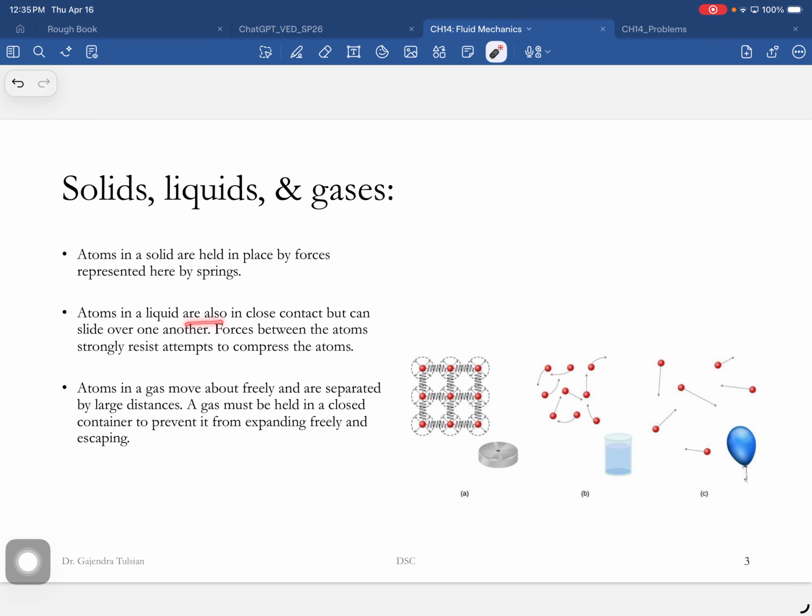Atoms in a liquid are in close contact, but they can slide over one another. Forces between atoms strongly resist attempts to compress the atoms. So you can't compress them, you can't bring them any closer, okay? But they're not in fixed location. Okay? And atoms in a gas move about freely.